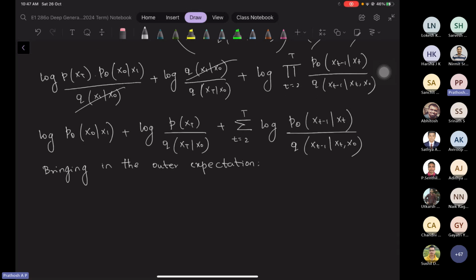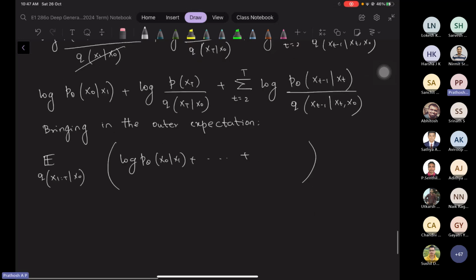We had the expectation with q of z given x, where z is x1 to T, given x naught. So this is our q of z given x. And this entire thing, this ELBO, is log of p theta of x naught given x1 plus those three terms. I will not write it again.